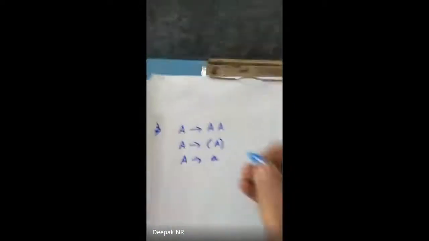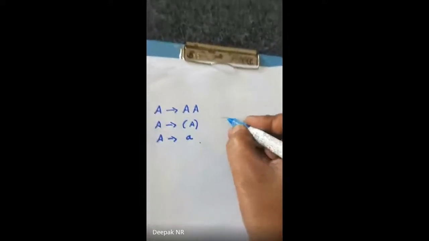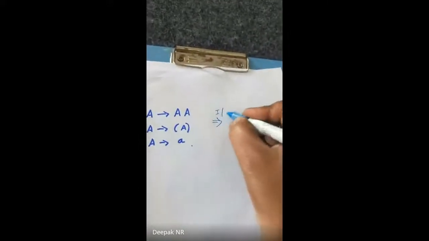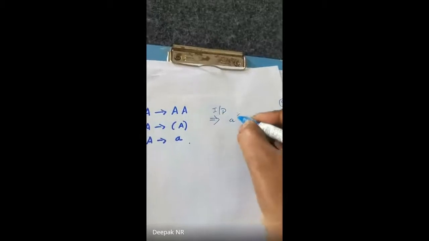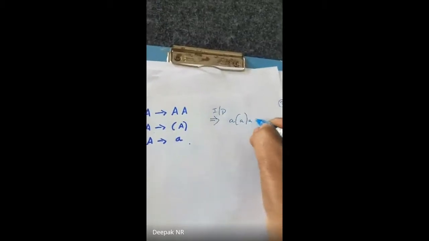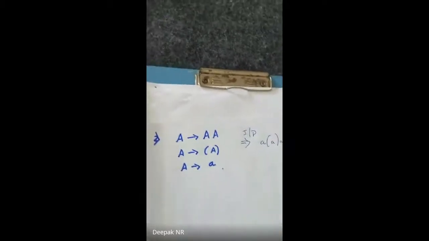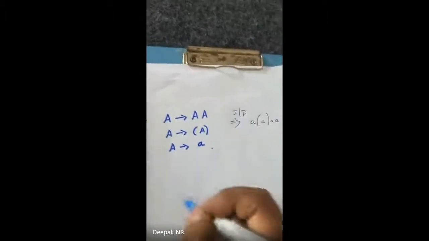Clear, guys? Okay. Let me explain the last example for ambiguity. This is the given CFG. For the given CFG, my input string has to be a, a, a, a. Let me write a diagram directly instead of replacing.